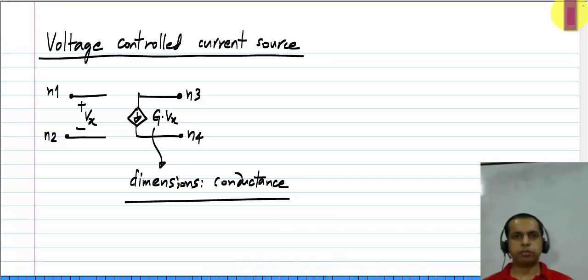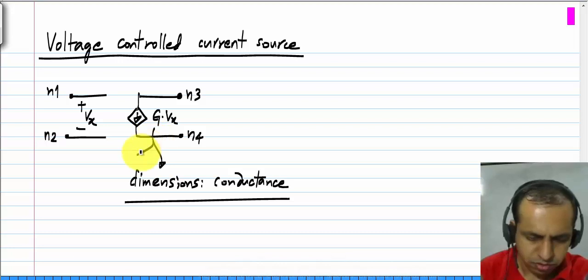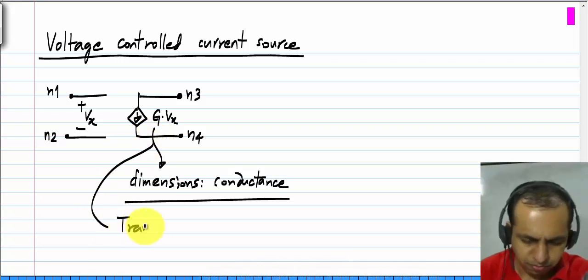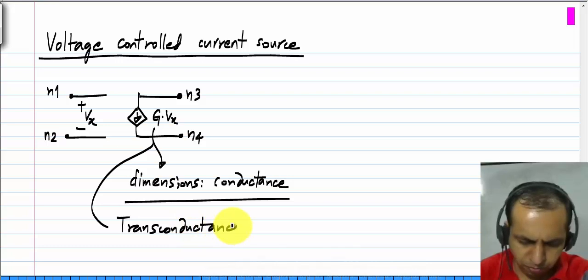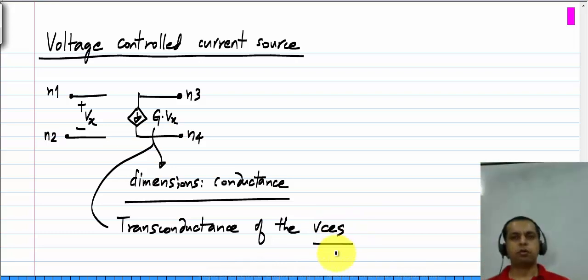Sometimes this is called the transconductance of the voltage controlled current source. It's common to abbreviate voltage controlled current source as VCCS, similarly for all the other control sources.